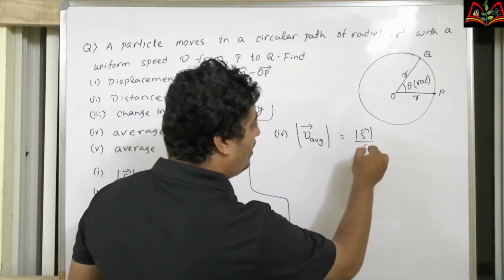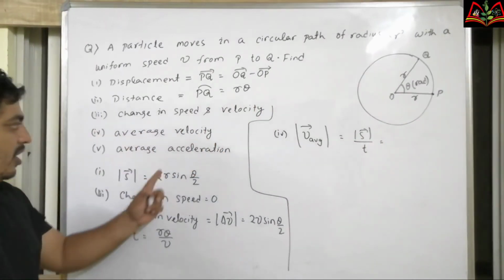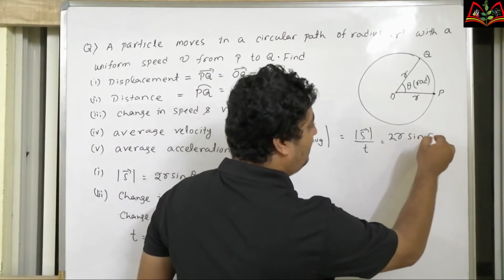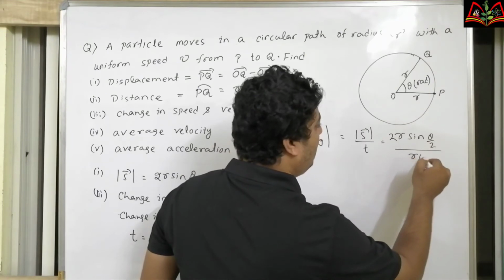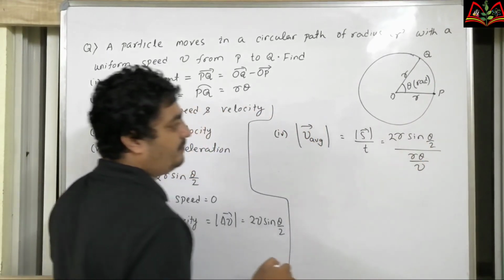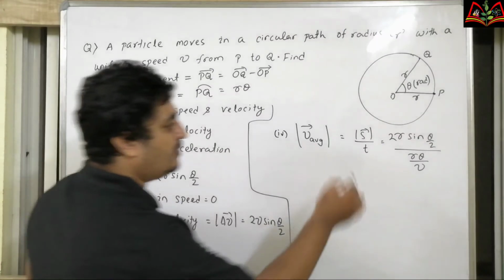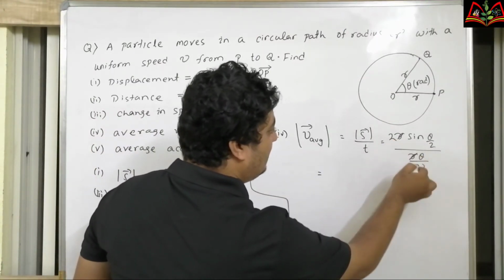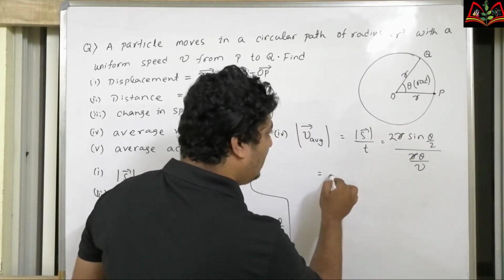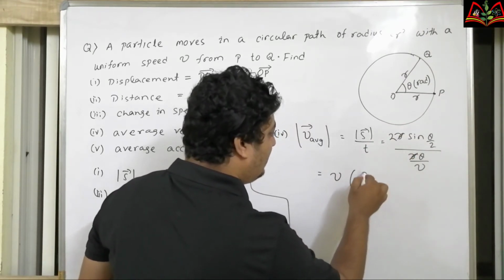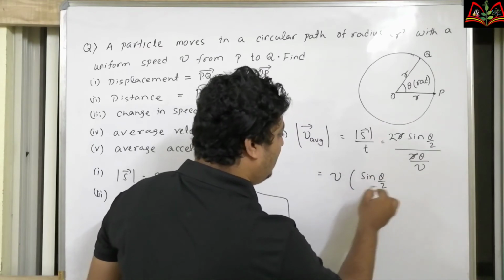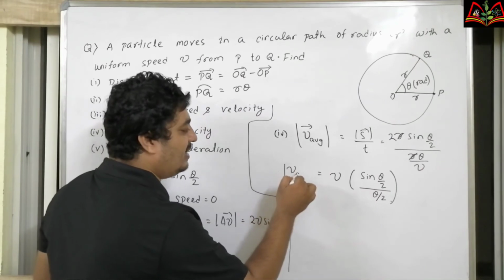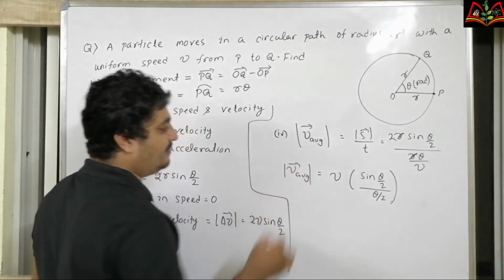So it will be mod of s by t. Now mod of s by t equal to 2r sine theta by 2 divided by r theta by v. So we can cancel r here and taking v, we can write v into sine theta by 2 divided by theta by 2. This is our average velocity.